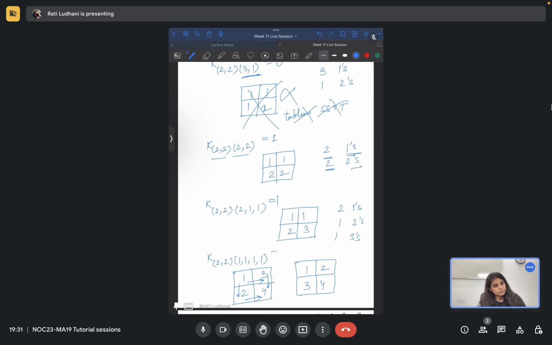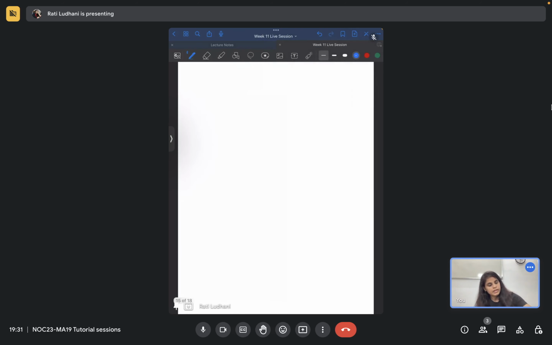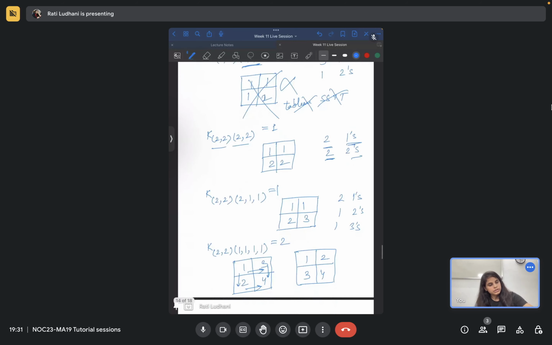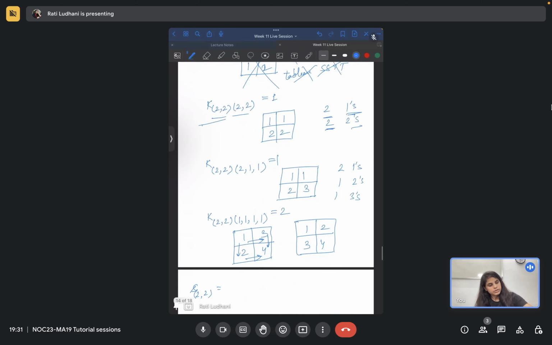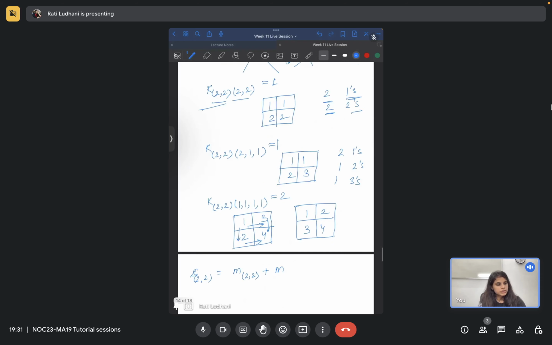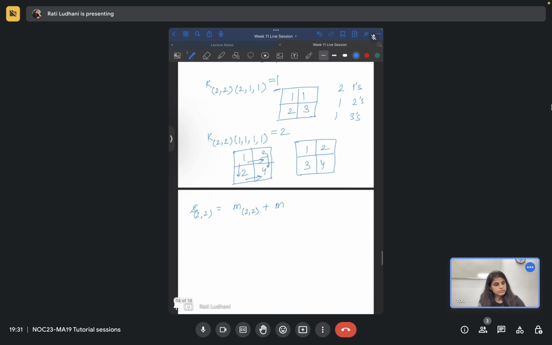So these are 2. So what exactly did you get from this? The Schur polynomial s 2 comma 2 is equal to, so zeros we will not consider. For this we have k22, so you'll get m22. Now I'll write in terms of m only. Next, again this is 1, which is m211.